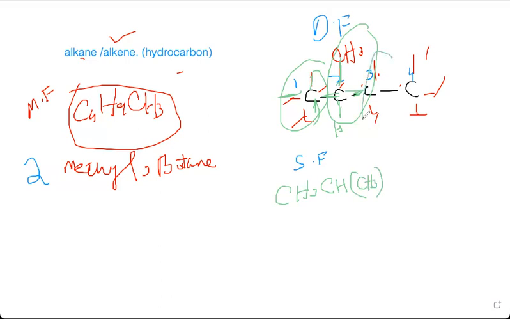Then you can move to the 3rd carbon. Upside we have hydrogen, and downside we have hydrogen. So it will be CH2. It will be CH2. And what about the last carbon? CH3.